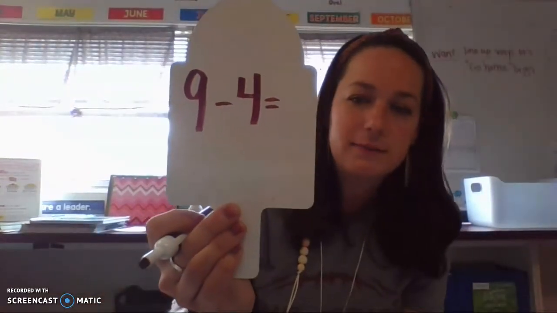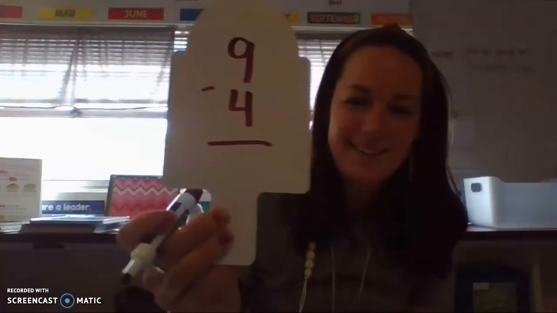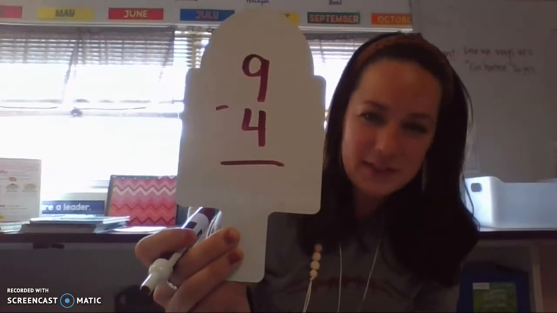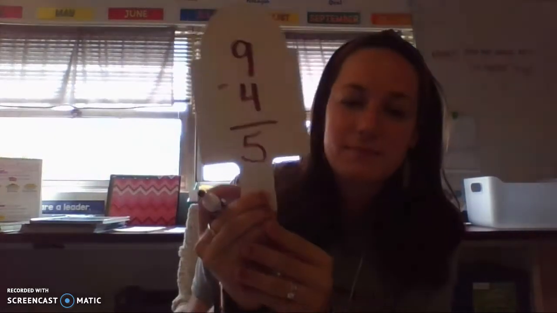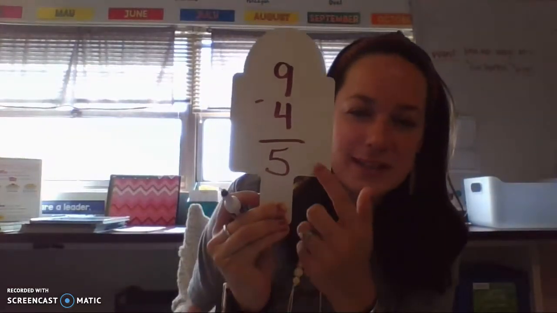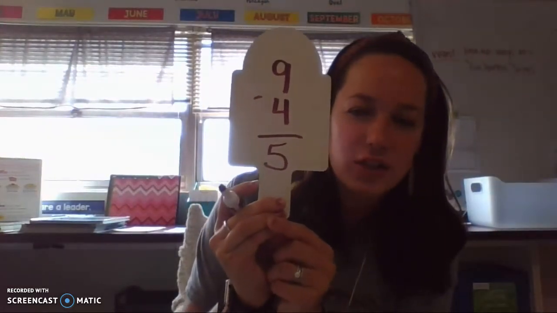Now, I think I left mine blank. If I did that, is that still correct? Yep. Now, what if I wrote it like this? This is old school. Still correct. What's the most important thing, though? If you still get what number down here? 5. Okay, so that's a different way to write the equation 9 minus 4.